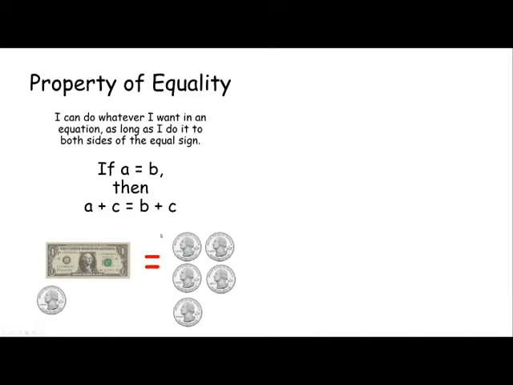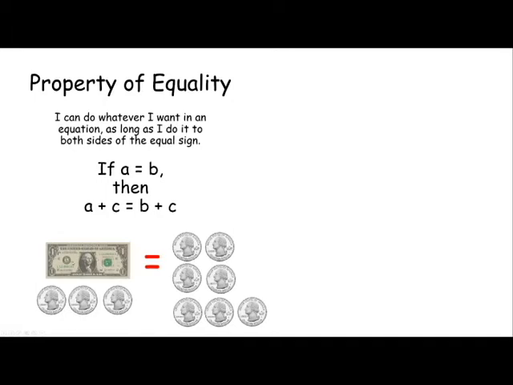If I put a quarter on both sides, now they're both worth $1.25. And if I add another quarter, now they're worth $1.50. You see, it doesn't matter how much money I add. If I'm adding equal amounts to both sides, then these will always remain equal. Likewise, I could take things away.